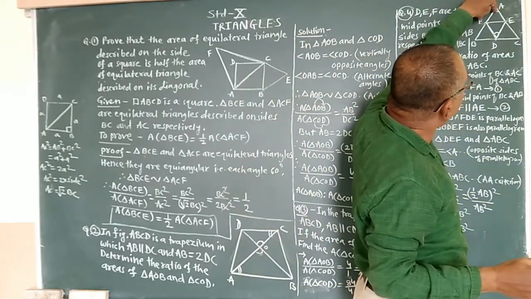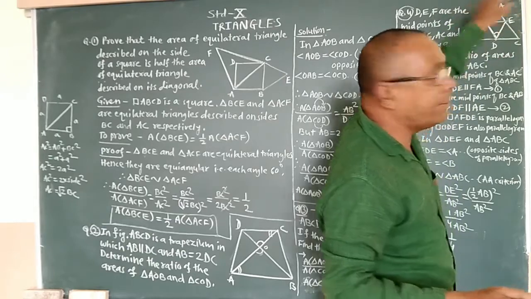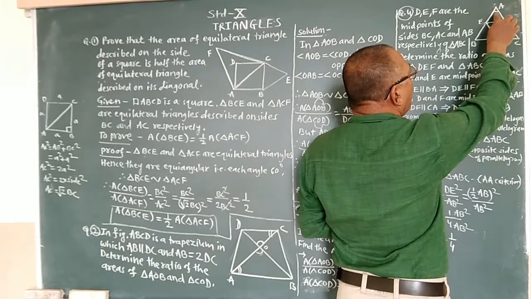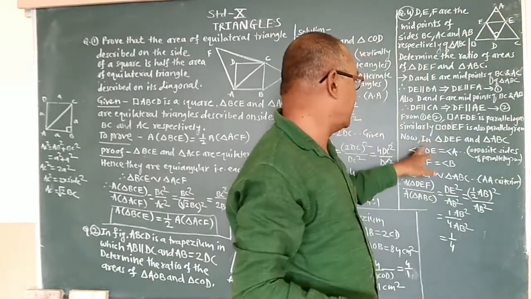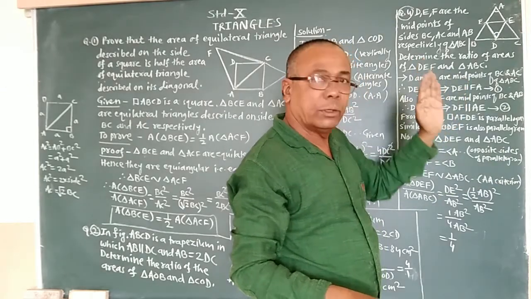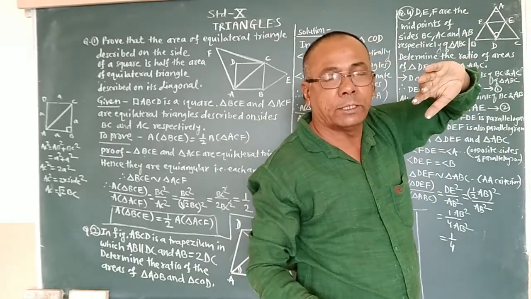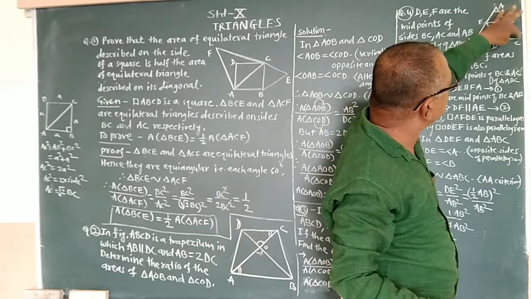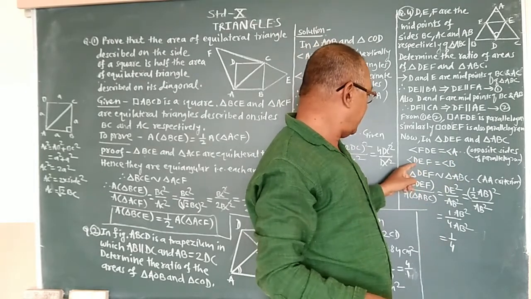Angle A is the angle of triangle ABC. Similarly, angle FBD equals angle A of triangle BAC.